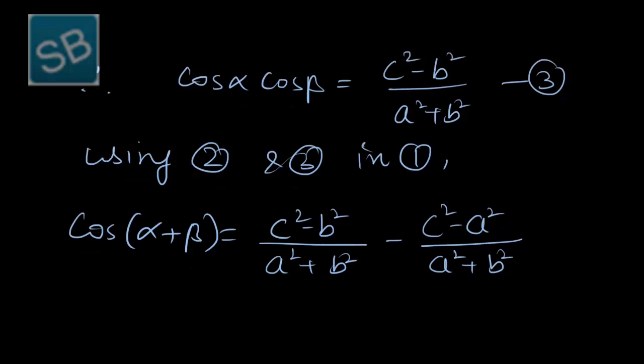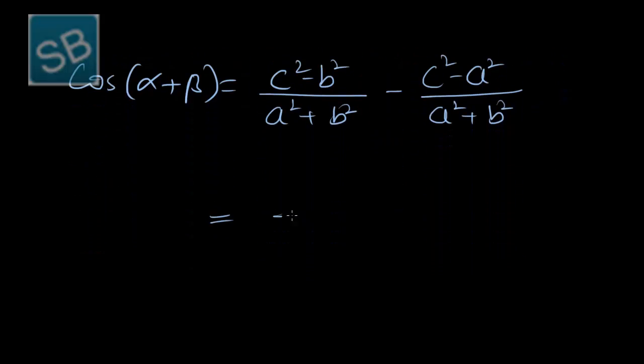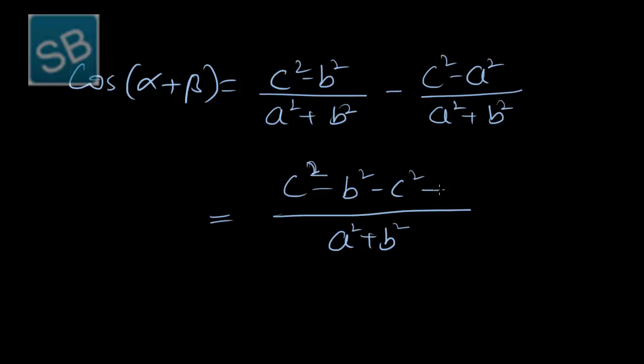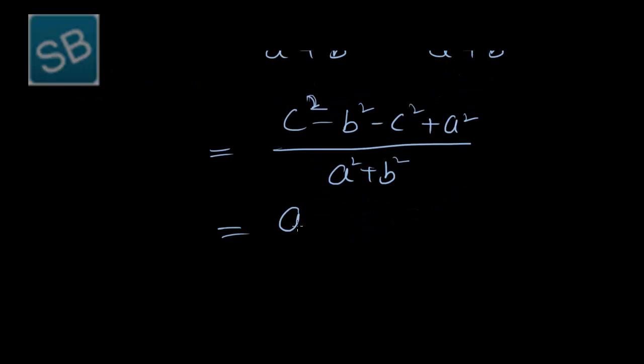So we get a square plus b square common in the denominator, the numerator being c square minus b square minus c square plus a square. So we get a square minus b square over a square plus b square.